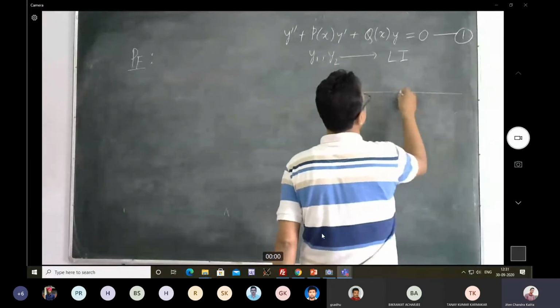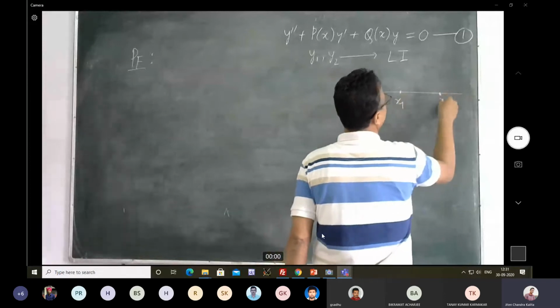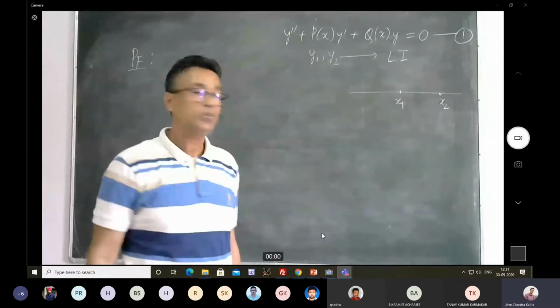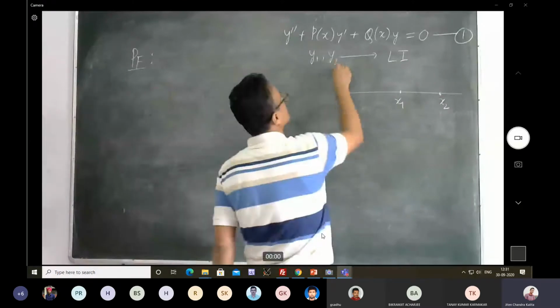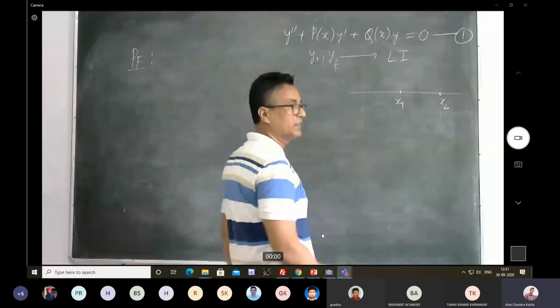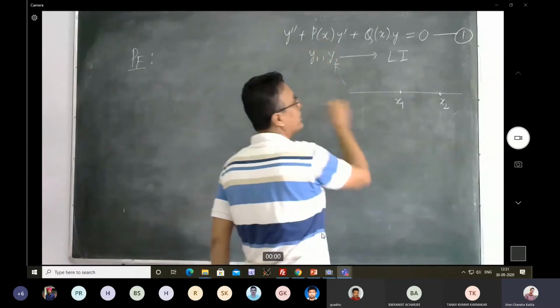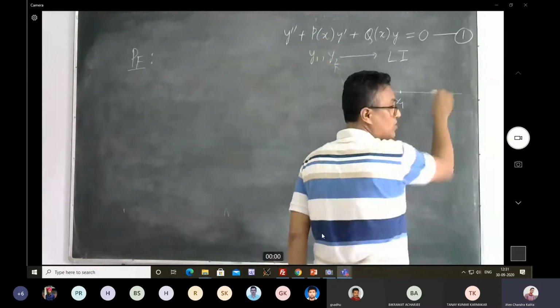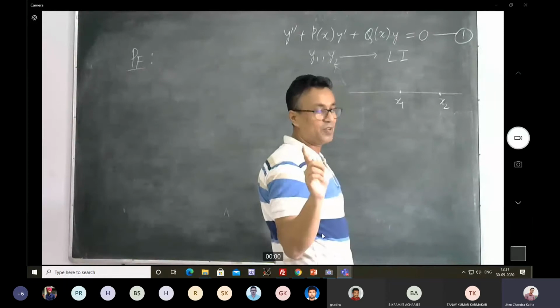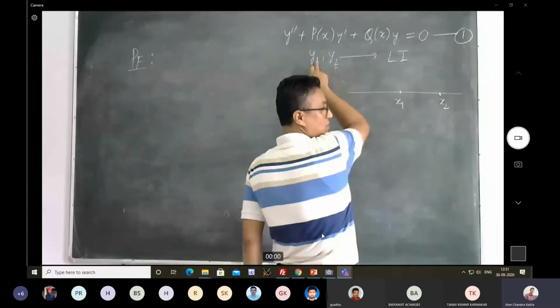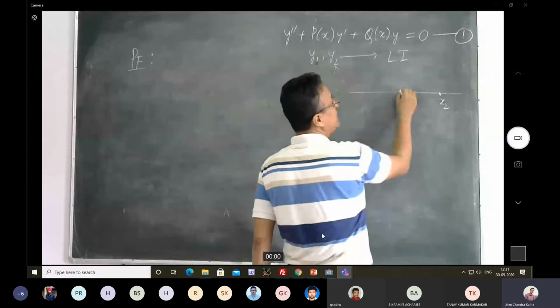If you consider x1 and x2 to be two successive zeros of y2, then y1 is going to vanish between x1 and x2 only once. So basically, you cannot get two zeros of y1 in this interval.